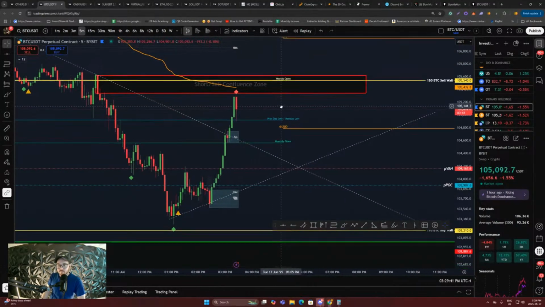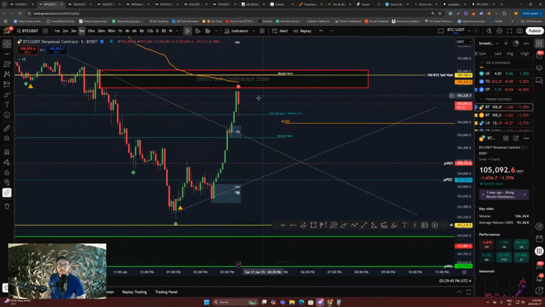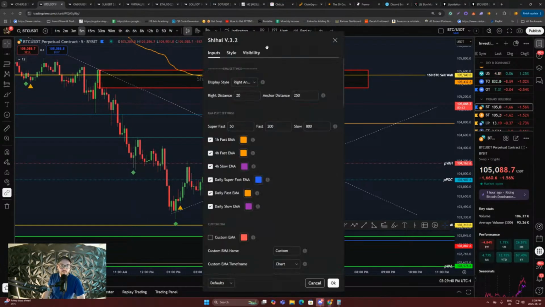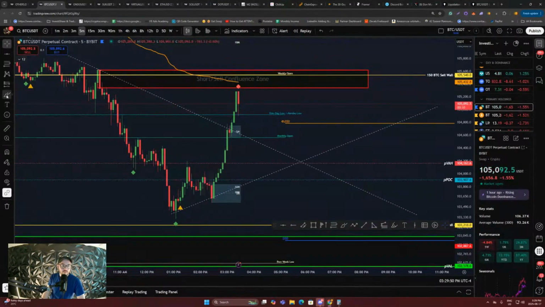Okay. Let's see if we get up there. Like when I want to jump on a short, I want to hit our head off the ceiling. I don't want to undercut it and then trade the undercut. I want the confluence, confirmed confluence.